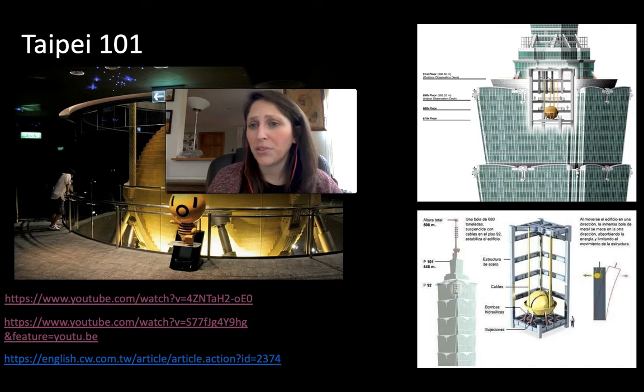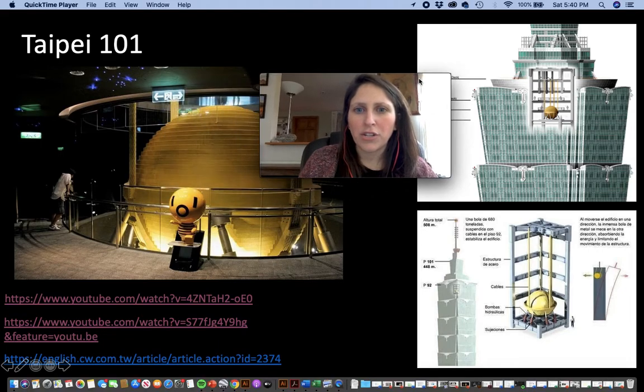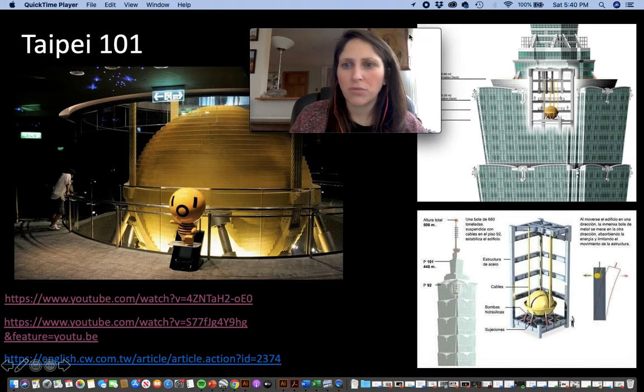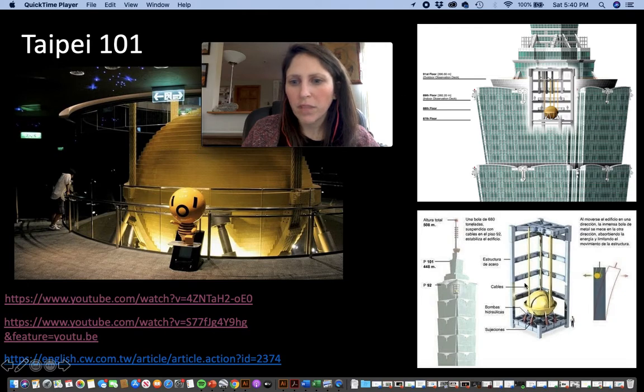So how do you build one of the tallest buildings in the world in this really earthquake-prone country? This building is really neat because there is an earthquake damper right towards the top of the building. This diagram is actually in Spanish, so a little cultural lesson for you all, if you can read that.